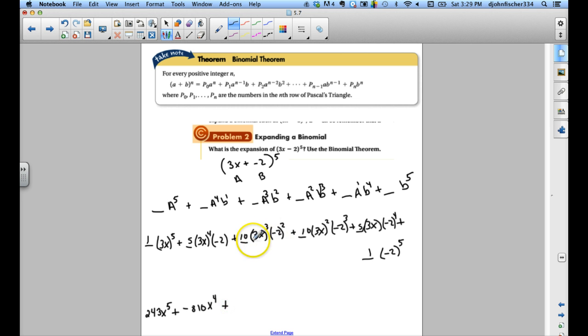Plus now 3 cubed is 27 times negative 2 squared is 4. It's 27 times 4 is 108 times 10 is 1080.